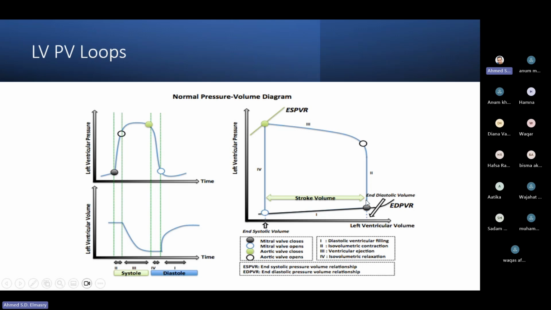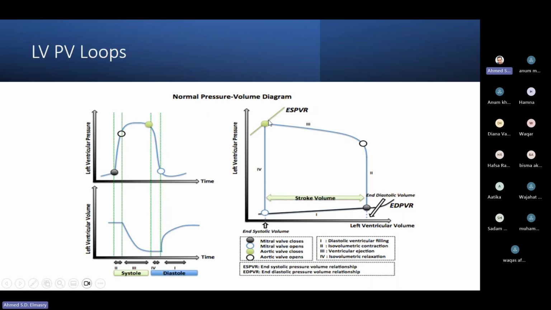This point is the end diastolic volume, the volume inside the left ventricle at the end of the diastole, and this is the end systolic volume at the end of the ejection phase. The difference between the end diastolic volume and the end systolic volume is equal to the stroke volume.